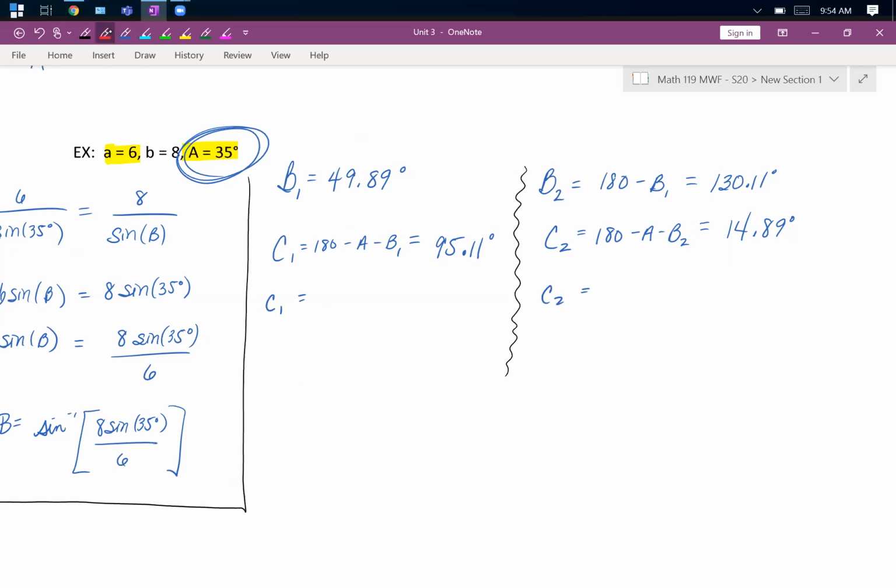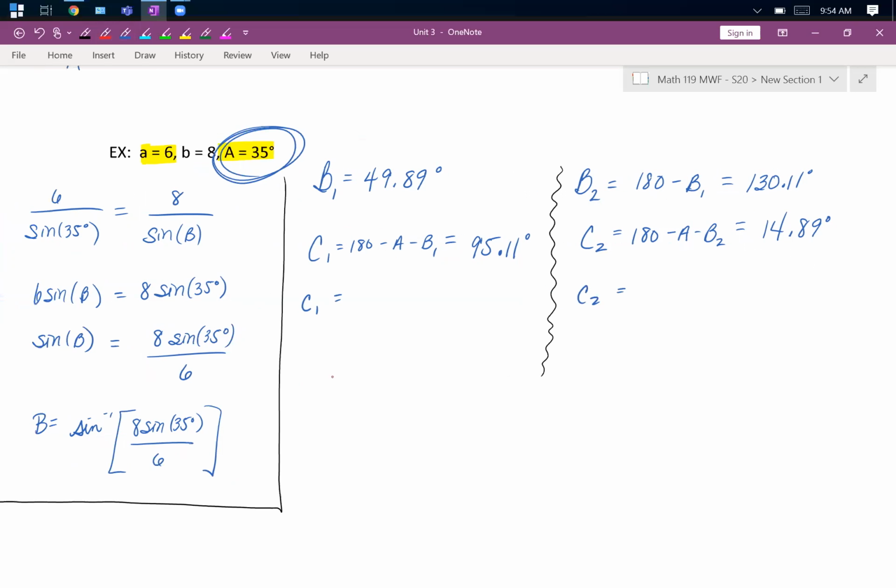So to find C1, we're again using law of sines. So 6 over sine of 35 degrees is equal to C1 over sine of 95.11. You'll notice when I wrote this proportion, I did go back to the original known pair.